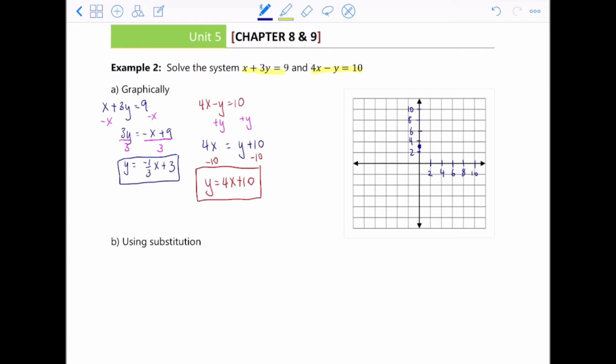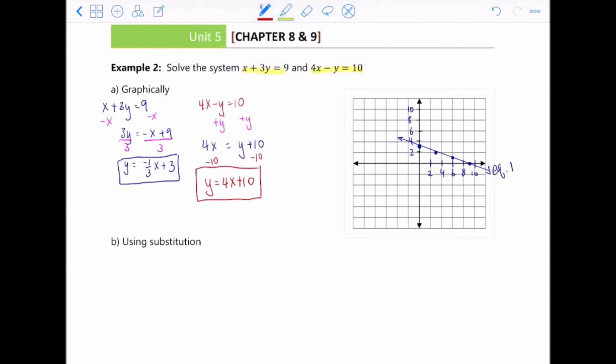And then it goes down 1 and goes 3 to the right. 1 down, 3 to the right. 1 down, 3 to the right. And 1 down, 3 to the right. So the x-intercept should be at 9. I'm going to connect those points. That's pretty good. Okay, so this is equation 1.